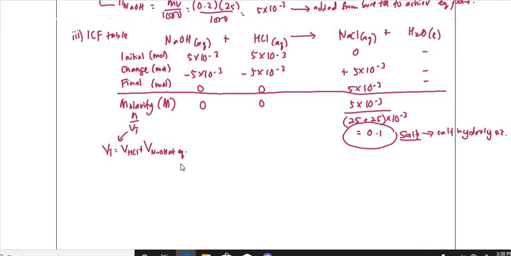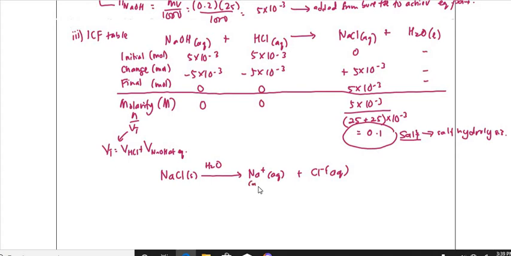Remember how to do the salt hydrolysis? You dissociate first your salt. Your salt here is NaCl. Dissociate will become Na plus equals Cl minus equals.